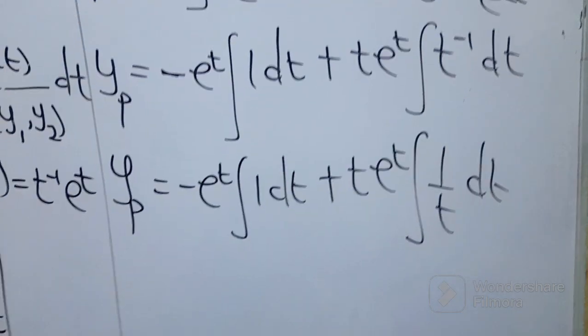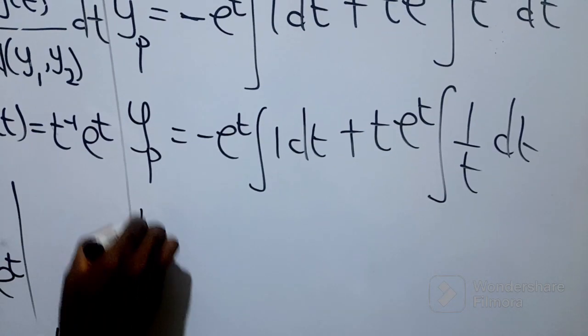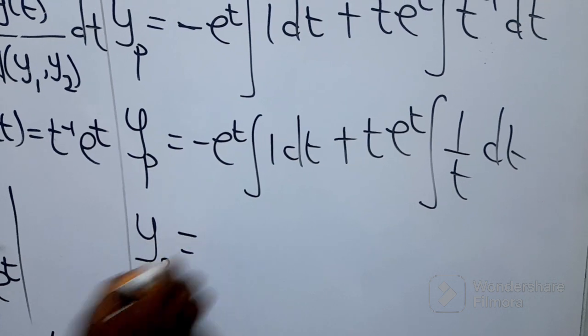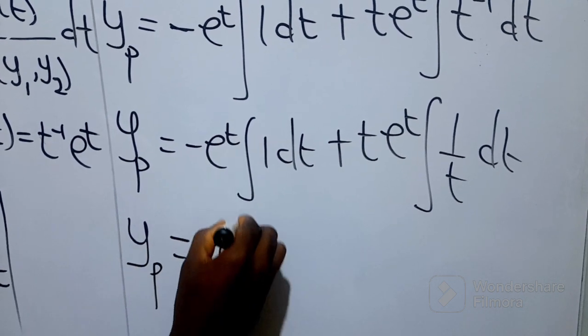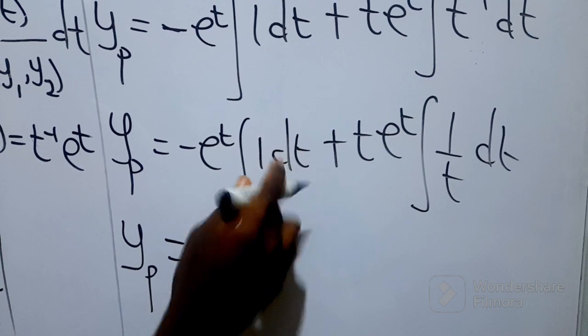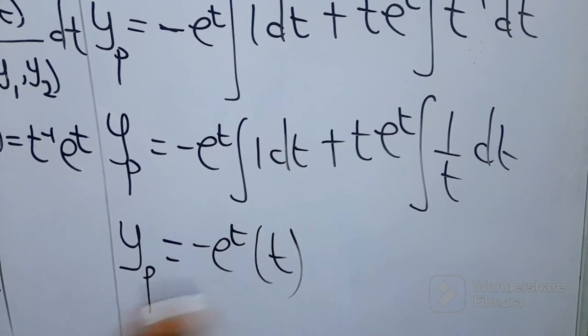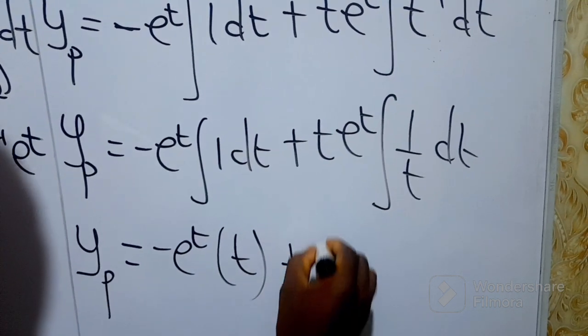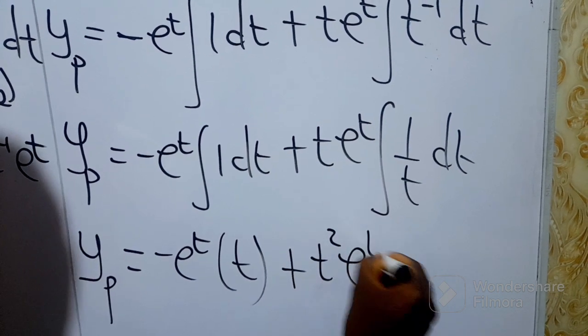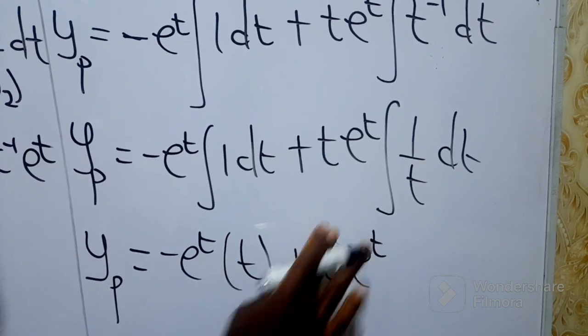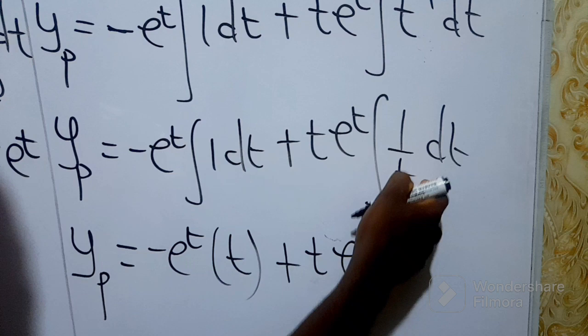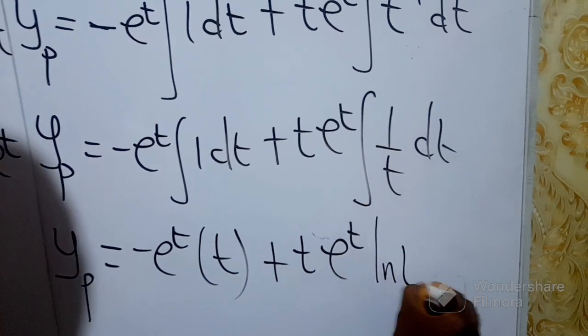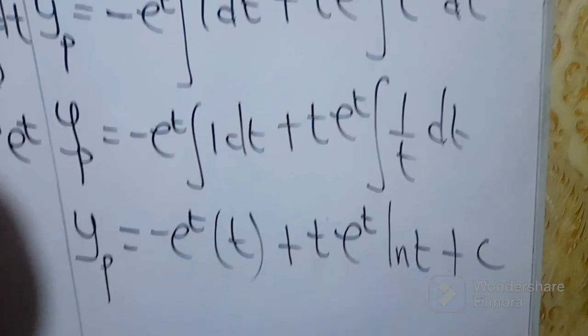This uses indices. So we now differentiate, integrate, sorry. So our y of p will be equal to e exponent t. When we integrate this, we'll get t, then plus t e exponent t, and the integral of 1 over t will be ln t, then plus our constant of integration.